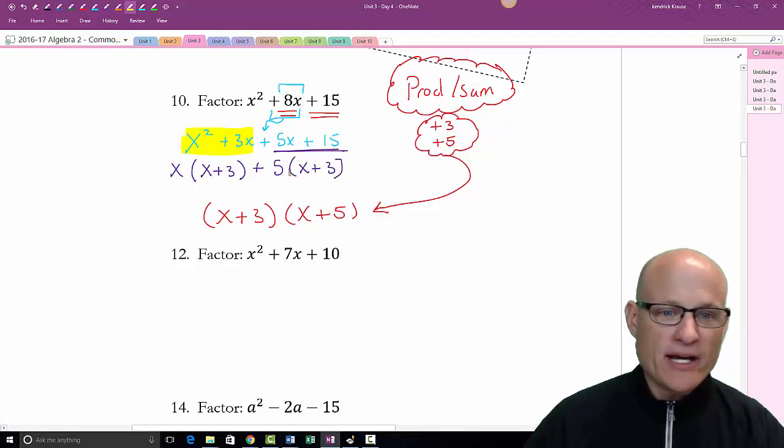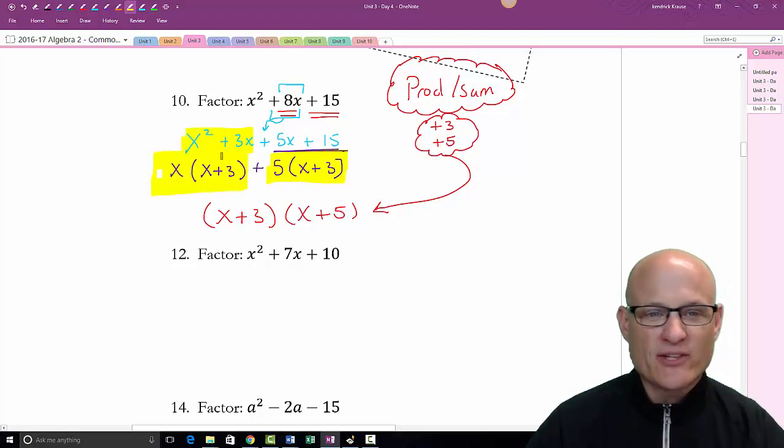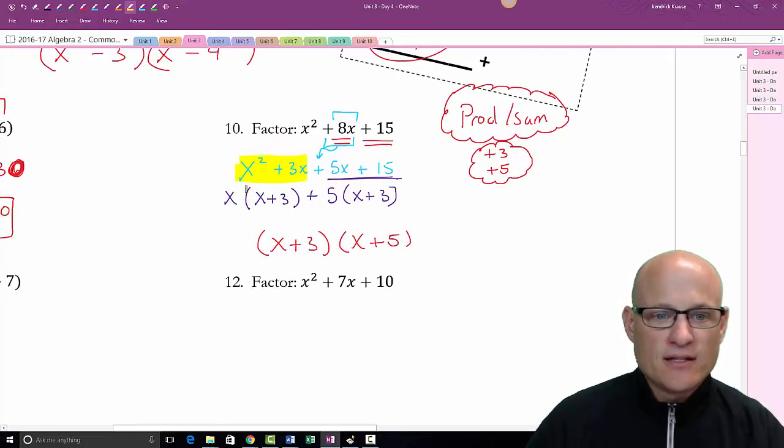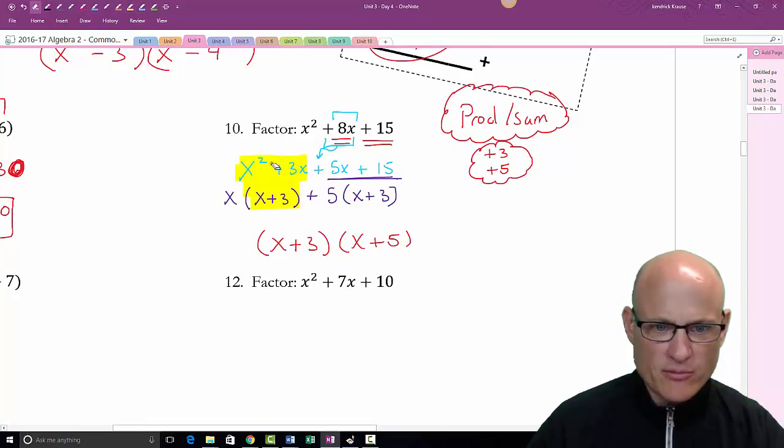Now, if you look at this term and you look at this term, what do the two things have in common? Don't worry about this up here. I'm trying to get rid of this highlighting, but for some reason it's not going.